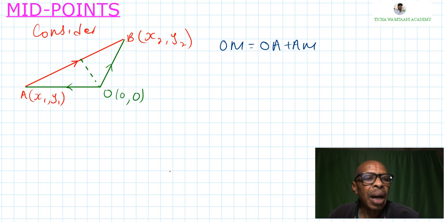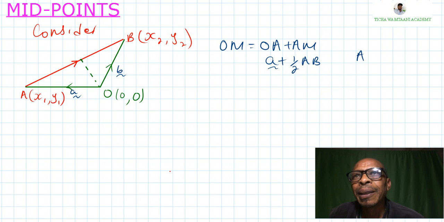OA is A as indicated here, and this is B, plus AM is a half AB, but AB is equal to B minus A. So we can replace this.